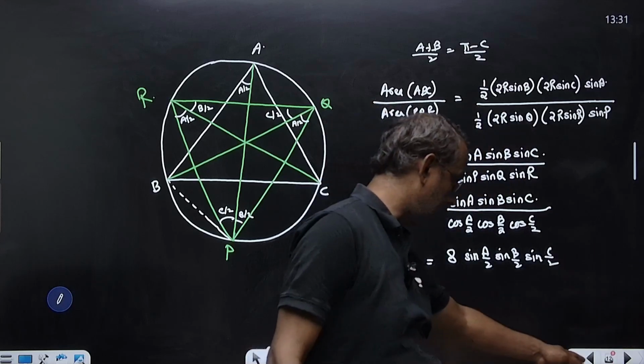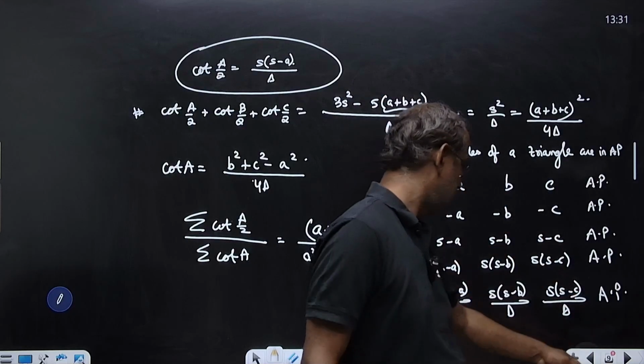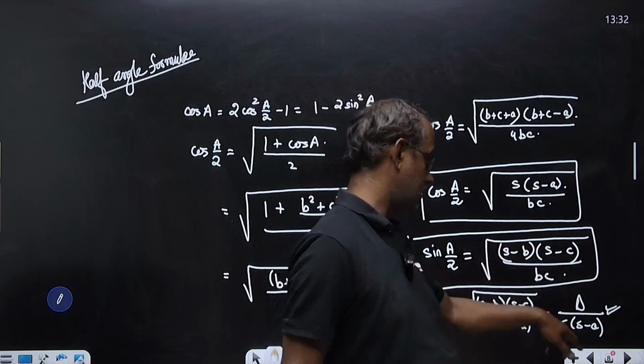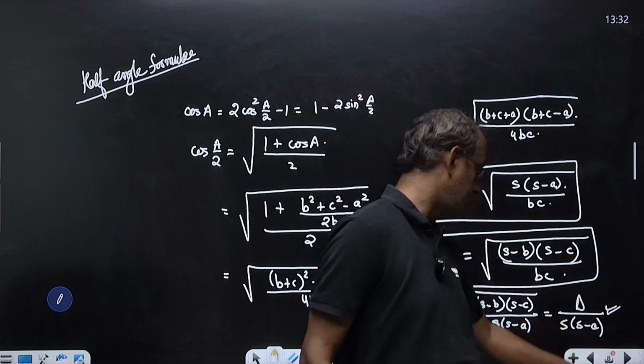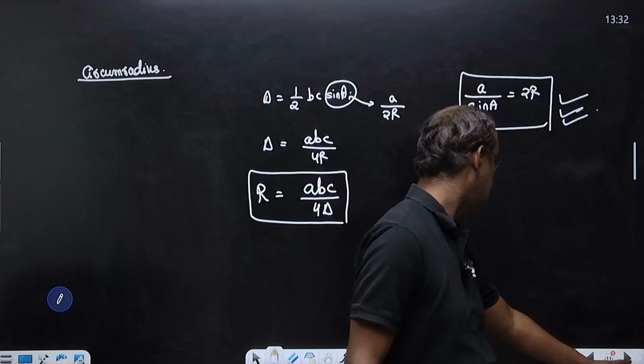If you remember, what are the formulas for half angles? S minus B, S minus C upon BC. Let me write it. See, somebody may only give you sides and ask this question.